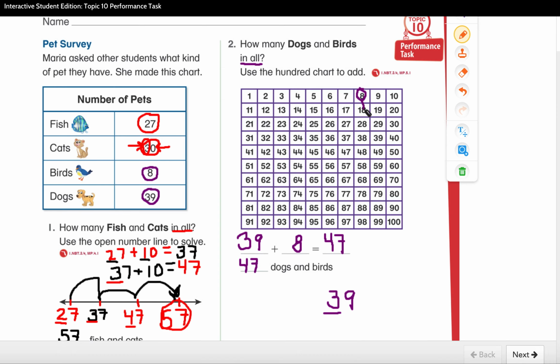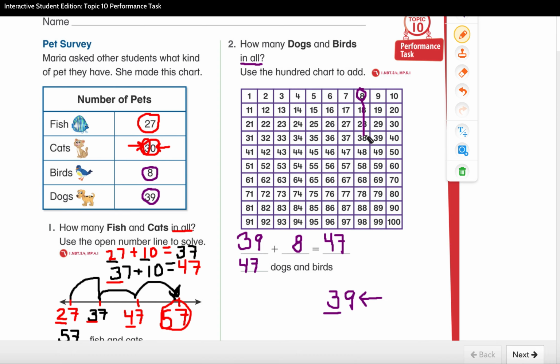So, 1, 2, 3. Is our answer 38? Nope, it is not. And that is because we have to worry about the 1s here. So we still have 9 1s that we need to be adding. So we're not going to keep going down the columns because we're not counting by 10s anymore. We're counting by 1s. So we are going to go across the columns.